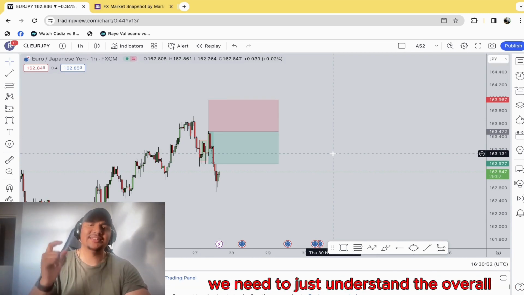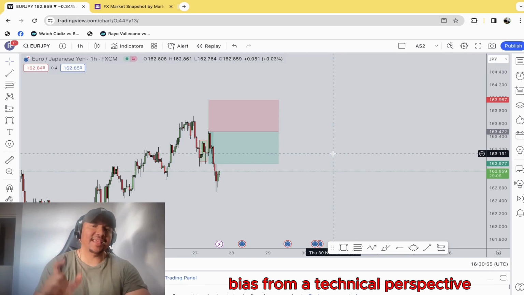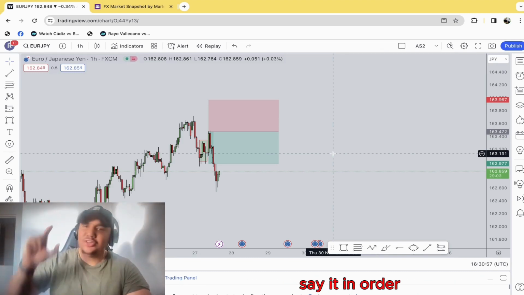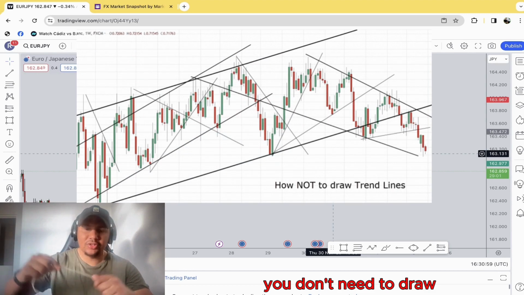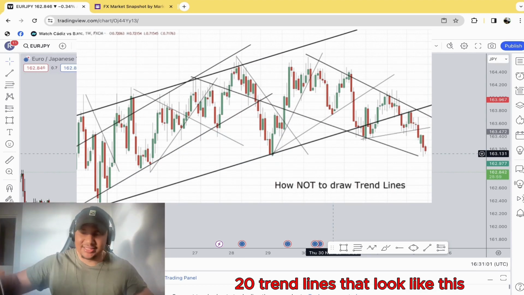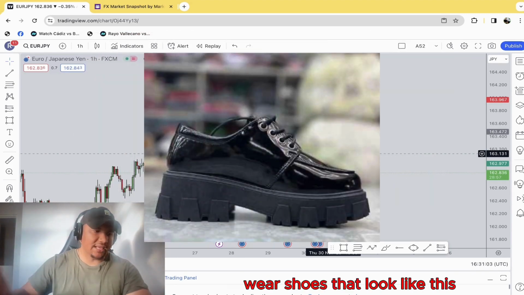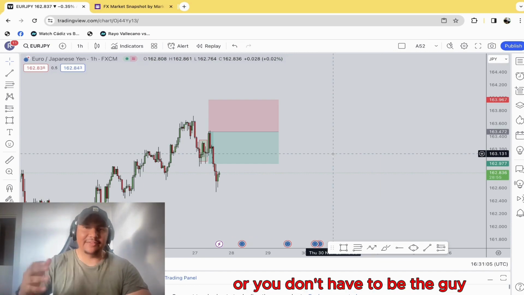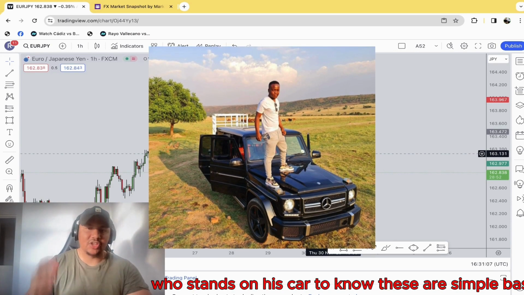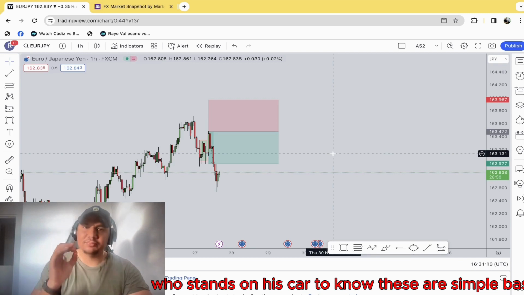We need to just understand the overall bias from a technical perspective. You don't need to draw 20 trend lines that look like this, to wear shoes that look like this, or you don't have to be the guy who stands on his car to know. These are simple basics.